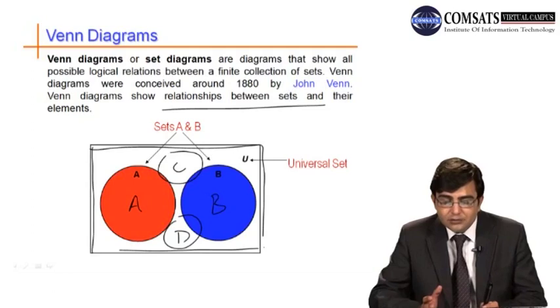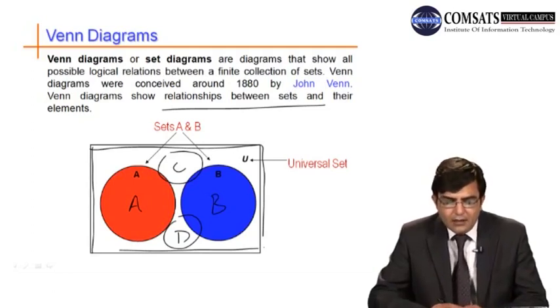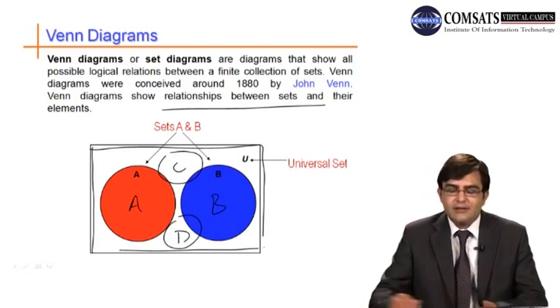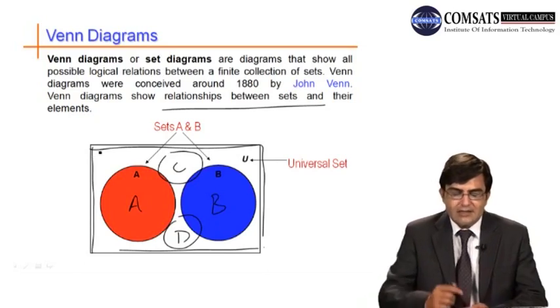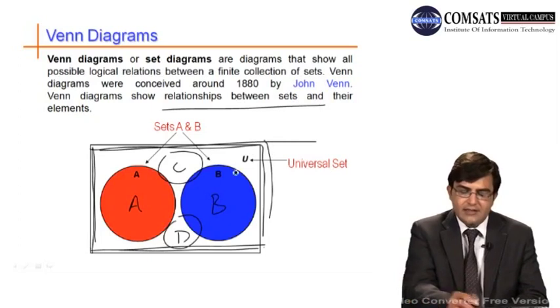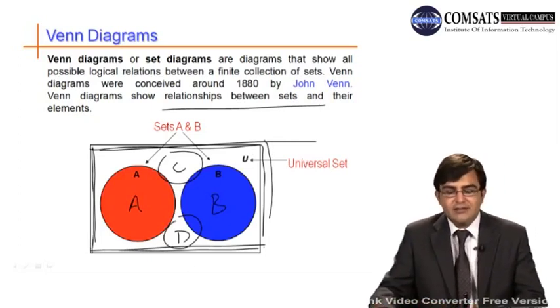If we have two sets, three sets, four sets, five sets, and so on, no matter how many sets we have, we construct bigger Venn diagrams to show the relationship between sets or their elements. The main thing, I repeat here, is that this square, which contains all the sets, is basically at the back, which is the universal set.